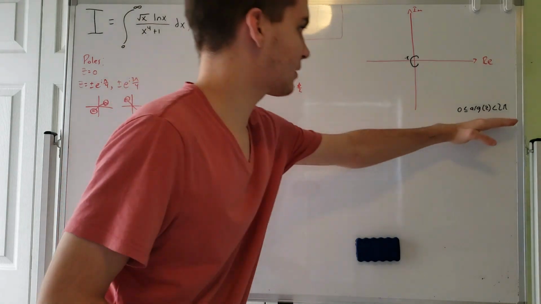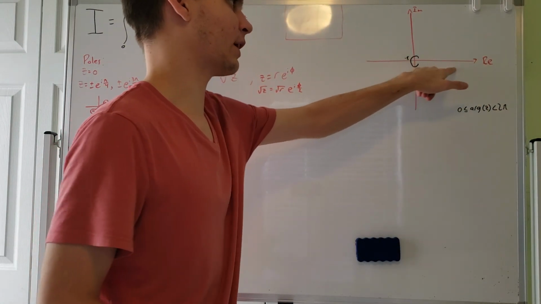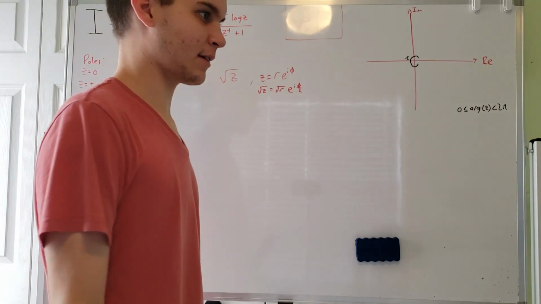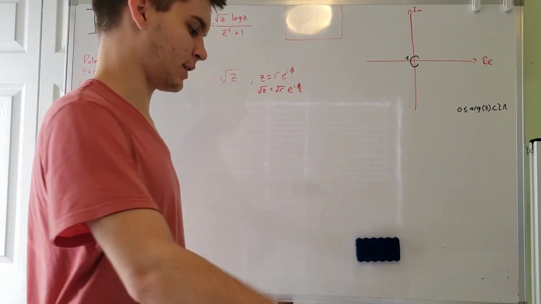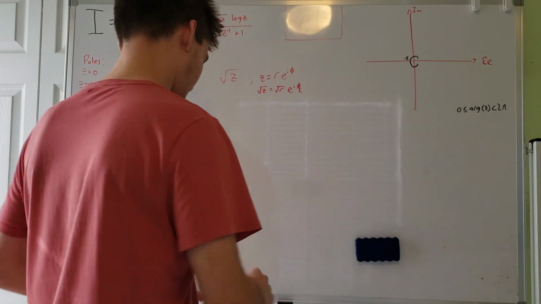So with this in mind, we have to take a branch cut, which is basically like excluding the positive real axis. And again, I may not be explaining this right, because I'm no expert, so please correct me if I said anything inaccurate there. Anything else? Nope? Okay.